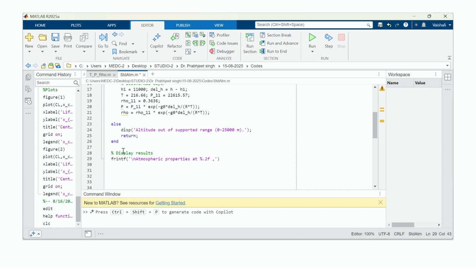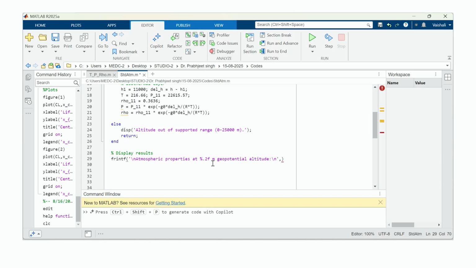Now what is 0.2f? It prints 2 digits after the decimal. You have to explore this, what I am writing over here. Geopotential altitude, then again new line and close.